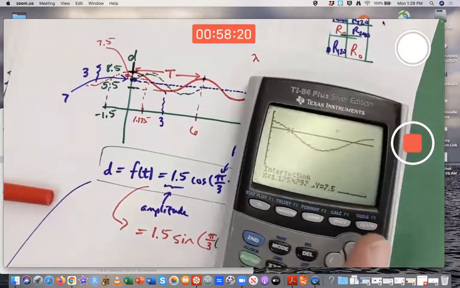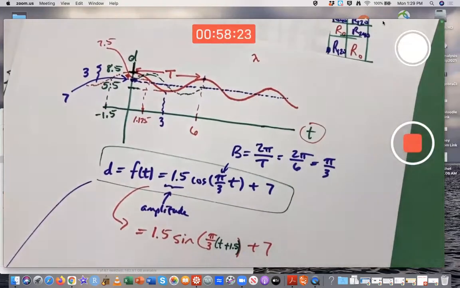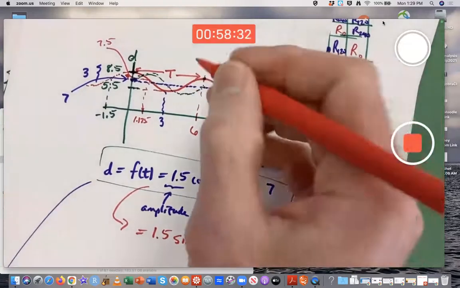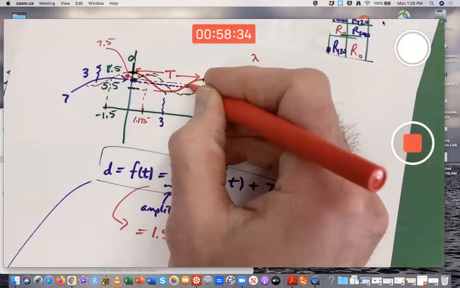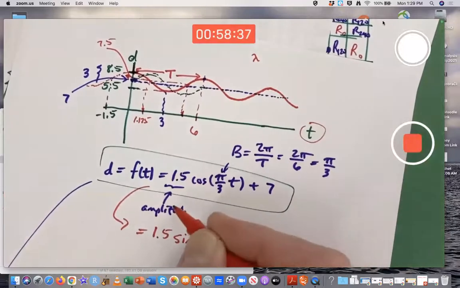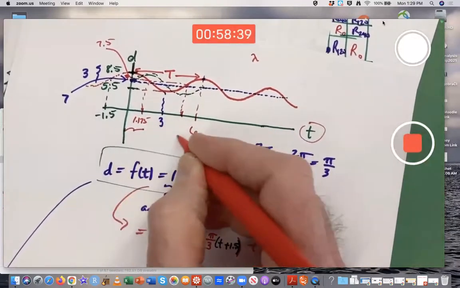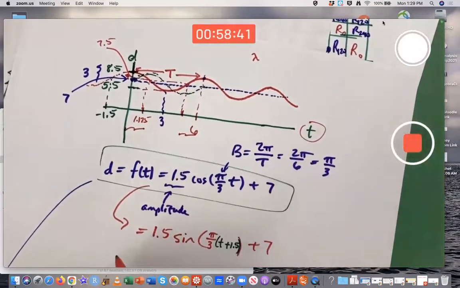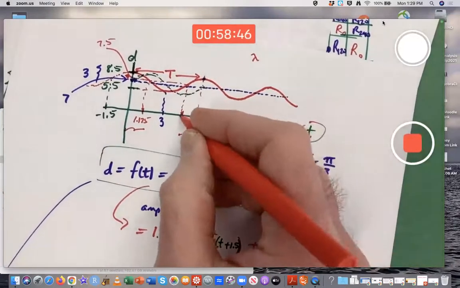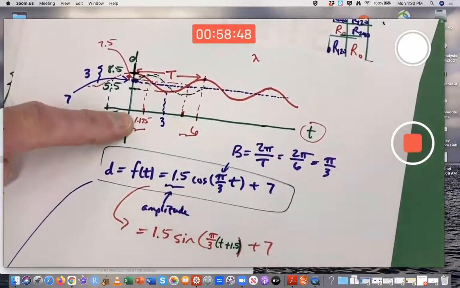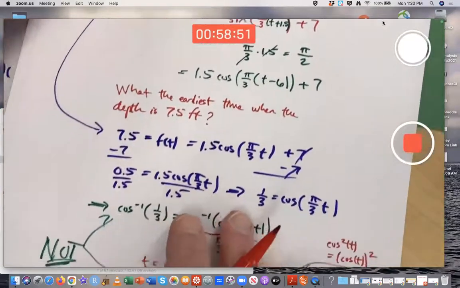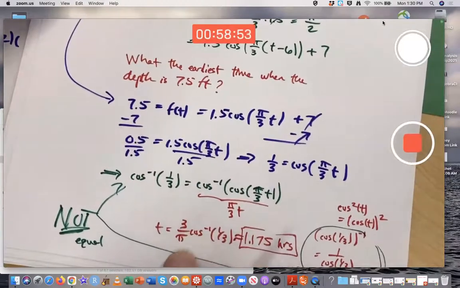You can check your answer. What if I ask for the second time when it's at 7.5? You could use the symmetry of the graph to help you. This distance here should be the same as this distance there by symmetry. So this second time, if you think about it, this distance right there is the same as the t value we got, 3 over pi times inverse cosine of 1/3.